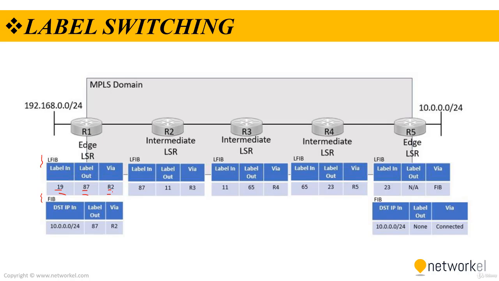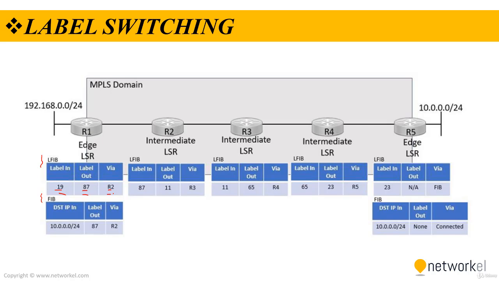However, in this case, if the packet is coming in on the interface that is connected to the 192.168.0.0/24 network, it doesn't have a label as there are no routers imposing labels on packets out that interface.